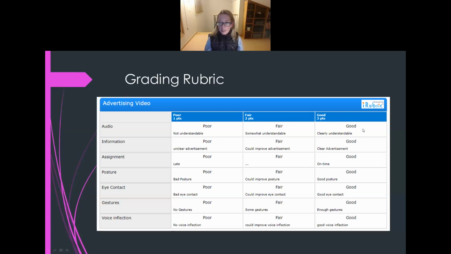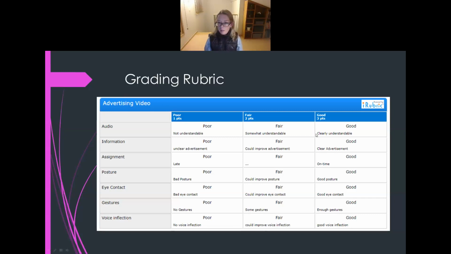Just, you guys get 1 point for your audio quality, 1 point for the information that you're conveying, 1 point for doing the assignment right on time, 1 point for good posture, 1 point for eye contact, 1 point for gestures, and 1 point for voice inflection.